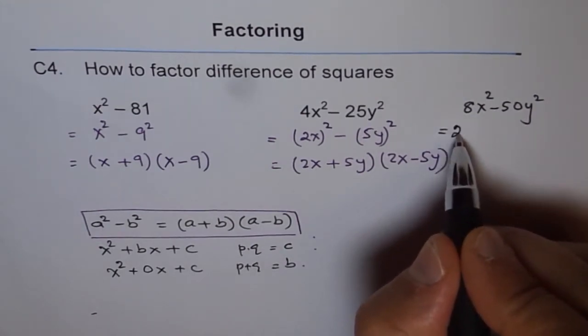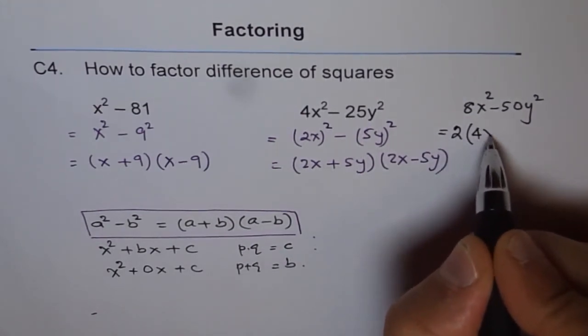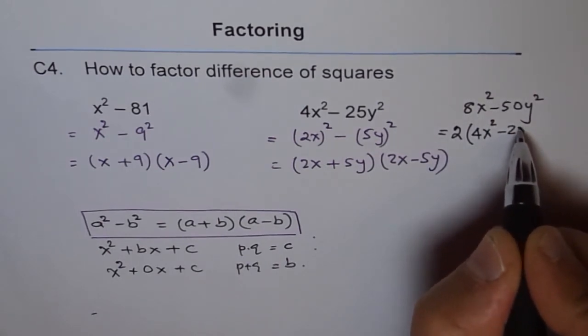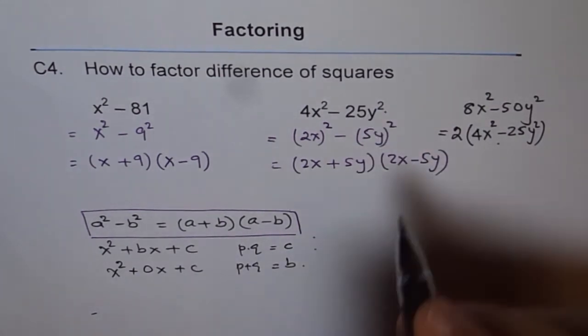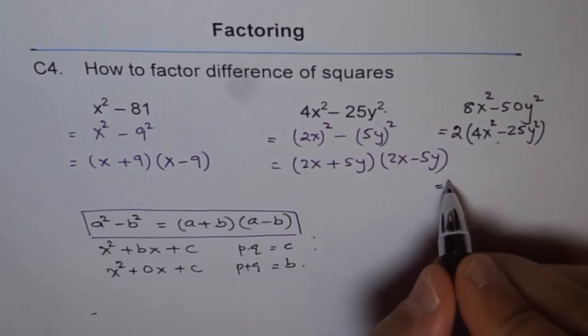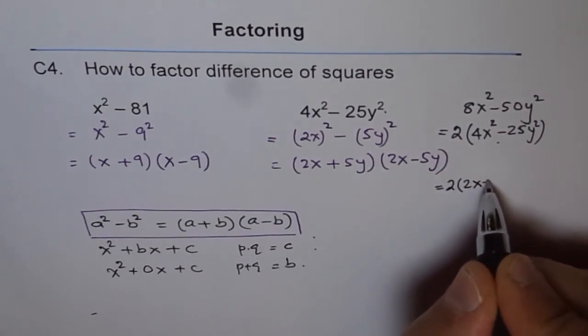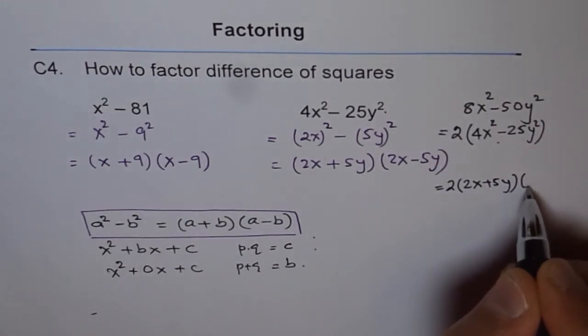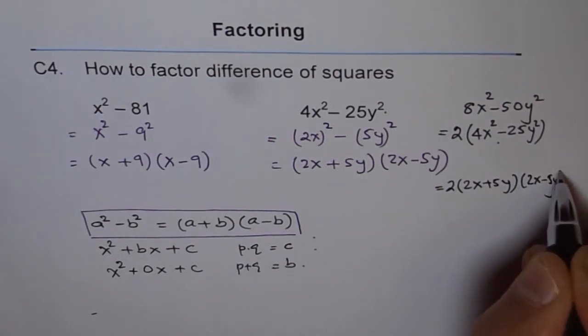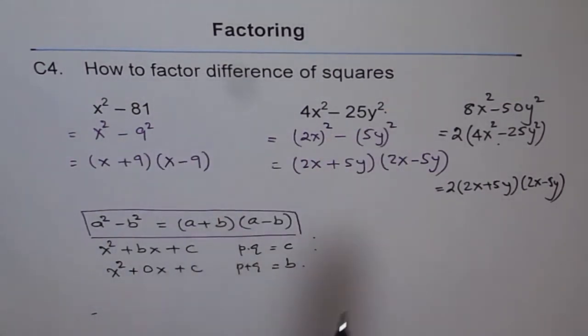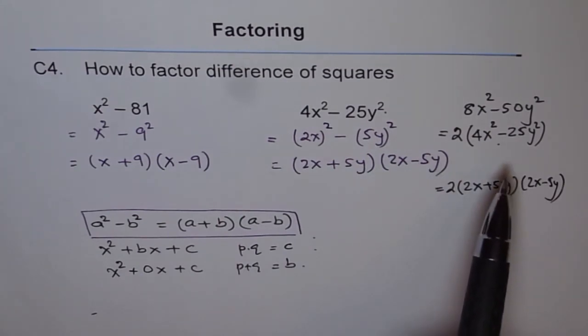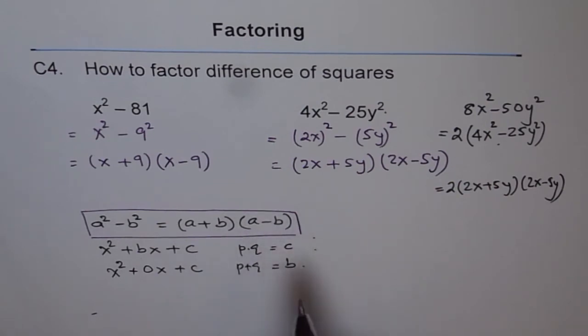The common factor here is 2, and then we'll get 4x square minus 25y square, and this can be factored like that, correct? And so I will get a result here which is 2 times 2x plus 5y times 2x minus 5y, correct? So what I'm trying to show here is that the same difference of square can be factored. There could be different expressions which are difference of squares and can be factored in this fashion, right?